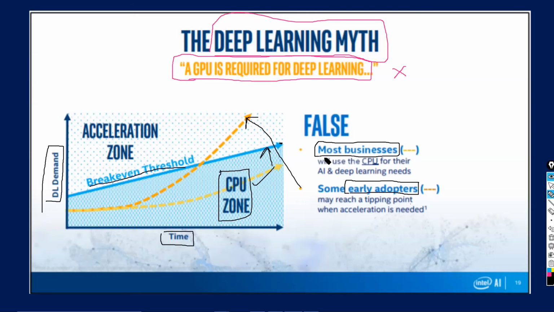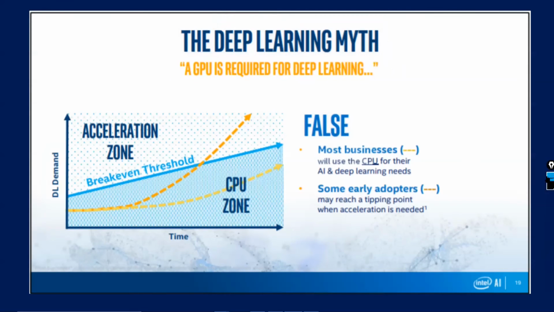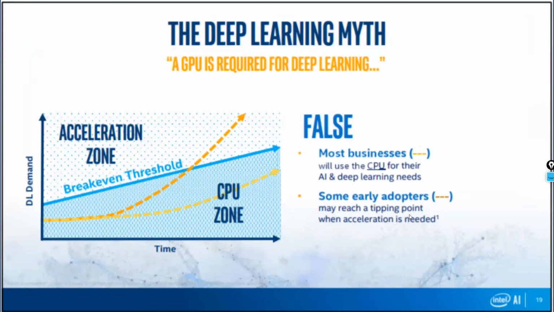That's how Intel justifies that a GPU being required for deep learning is a myth, because most of the businesses don't have one, it's costlier, and you cannot completely switch your systems. So you should be able to work on the hardware which is already present.